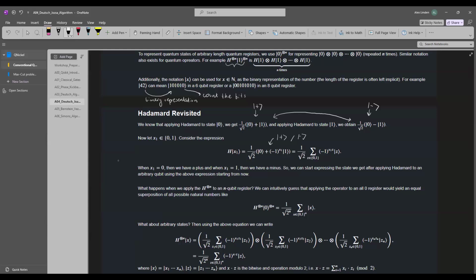Next, we can simplify it even further or complicate it depending on how you look at it. So we're just writing it as a sum, which is not exactly necessary, but it's a possible representation here. And what we're doing here, well, let's just write it out slowly. So first z equals 0. So this will be 1, state 0.